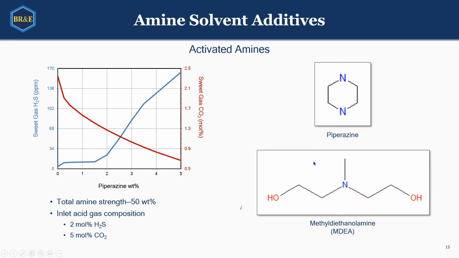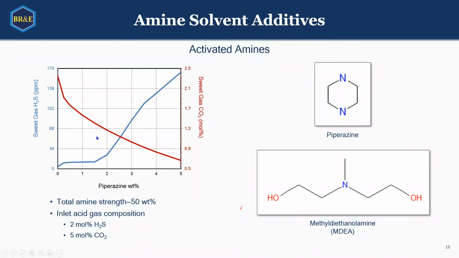which will not activate itself without piperazine. As you can see here on the graph, there is the H2S and the CO2, but if we are working with CO2 capture, there will be basically no H2S. So you can stop thinking about the blue line, and there will be only the green one.